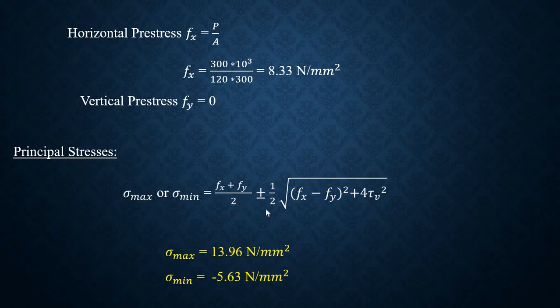To calculate the maximum, we consider only the positive sign: (Fx plus Fy) by 2 plus 1 by 2 whole root of this value gives sigma maximum. To get sigma minimum, consider only the negative sign: (Fx plus Fy) by 2 minus 1 by 2 whole root of this value. We will get sigma minimum as minus 5.63 Newton per mm square.